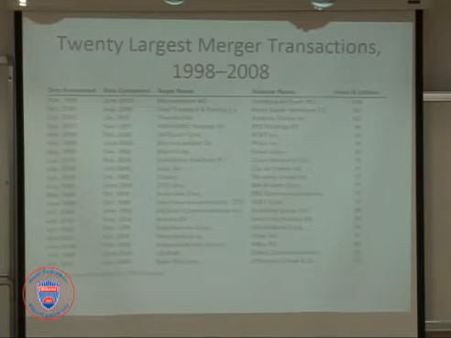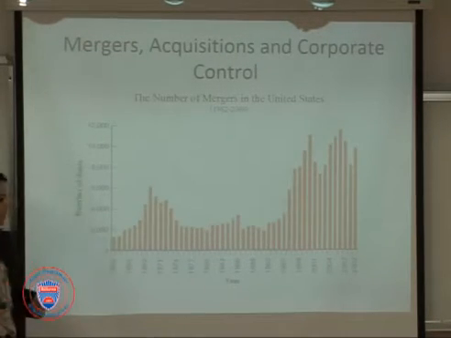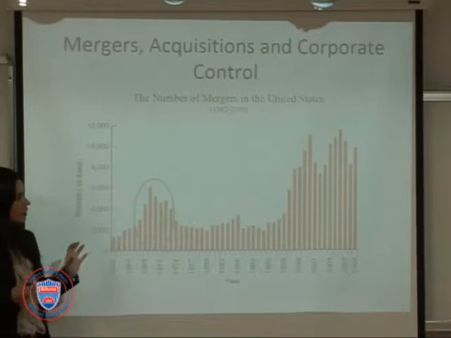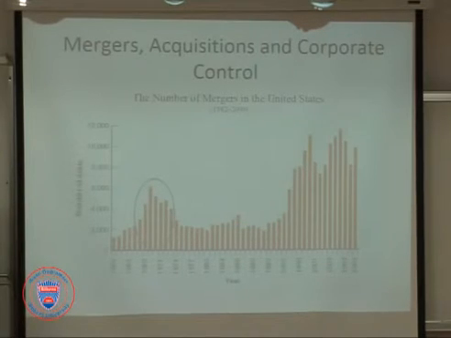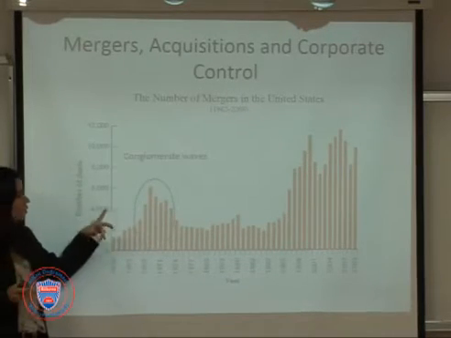But I'm going to show you some interesting facts about mergers in a second. When you look at merger waves in the US from the 1960s to 2009, you can see there are a couple of periods with lots of merger activity, like here, and these were generally conglomerate waves.